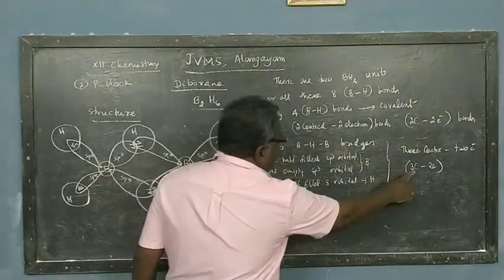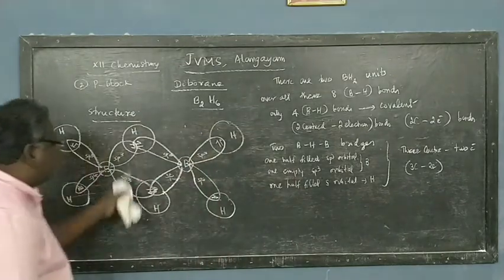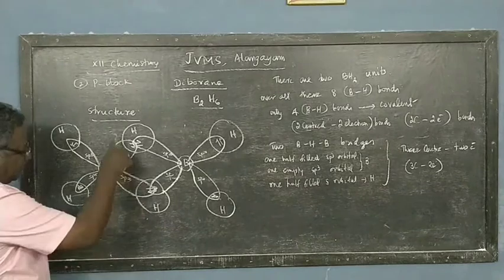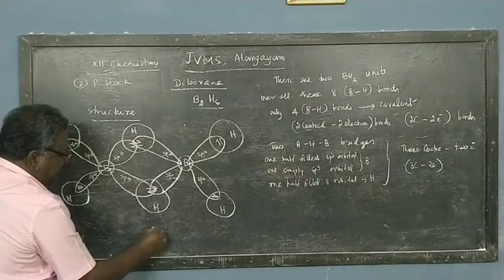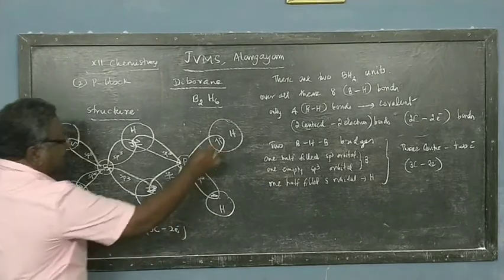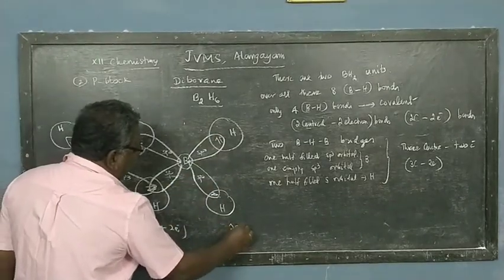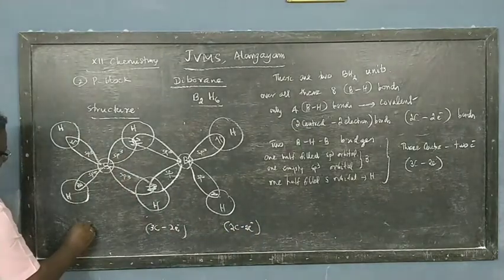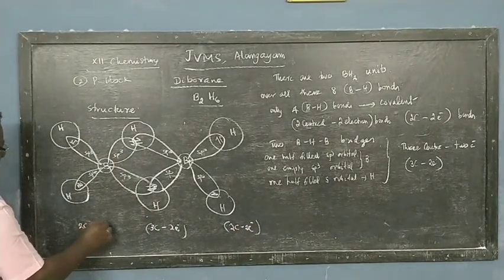Therefore there are 3 centers. But how many electrons are used? Only 2 electrons. Therefore in these 2 bridges it is a 3-center 2-electron bond. Here it is a 2-center 2-electron bond, and here again it is a 2-center 2-electron bond.